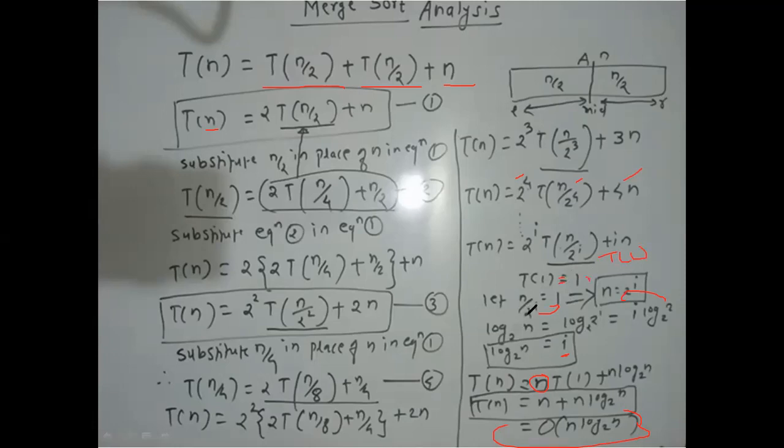After this, I take log on both sides, then I get the i value as log n with base 2. So the complexity is order of n log n.